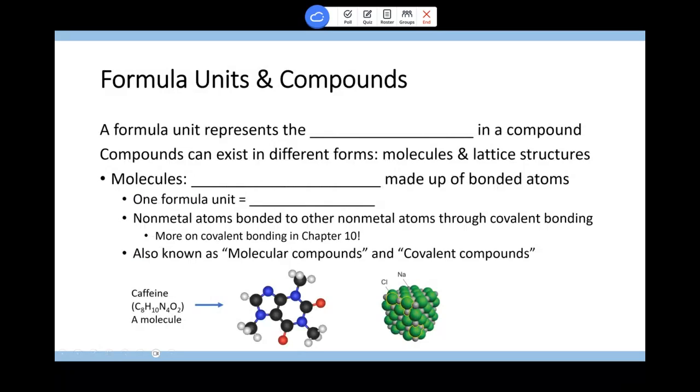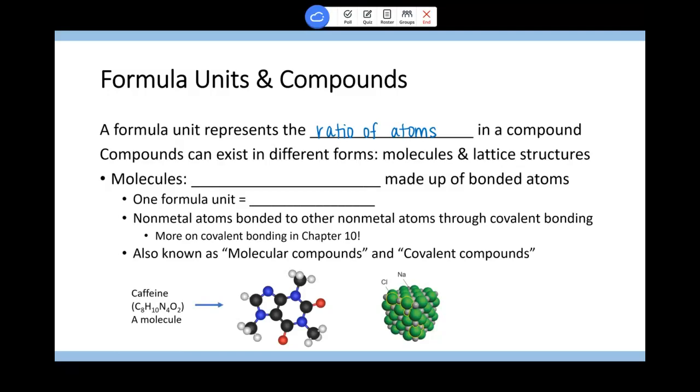We can also describe the formula unit, which is very similar to a chemical formula for a compound. So a formula unit represents the ratio of atoms. Essentially the same thing. That's in a compound. And then compounds can exist in different forms. So we have molecules and we have lattice structures.